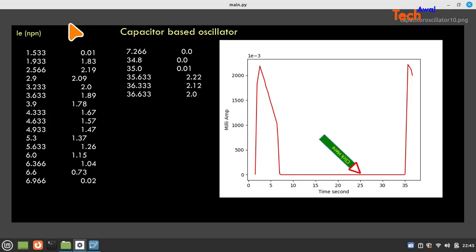In this period there is zero current, and then suddenly, so in this period the capacitor is charging, and in this period the capacitor is discharging. While the capacitor is charging, the transistor circuit is disconnected, meaning the current is zero, and then the capacitor suddenly charges to a level that the transistor becomes active.